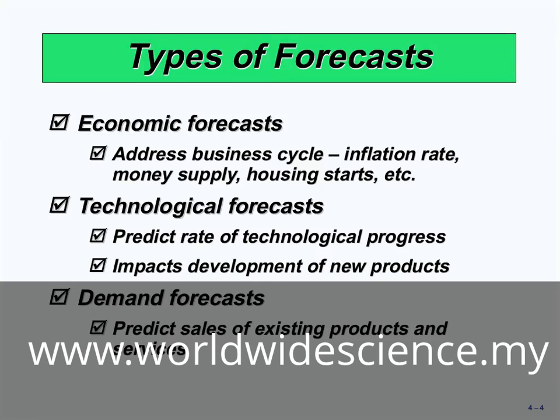if I want to give an example for any type of forecast, for example, in economic forecast, you can consider the inflation rate. Managers should be aware of them. You should forecast the inflation rate, for example, next year or 2 months later, 3 months later.